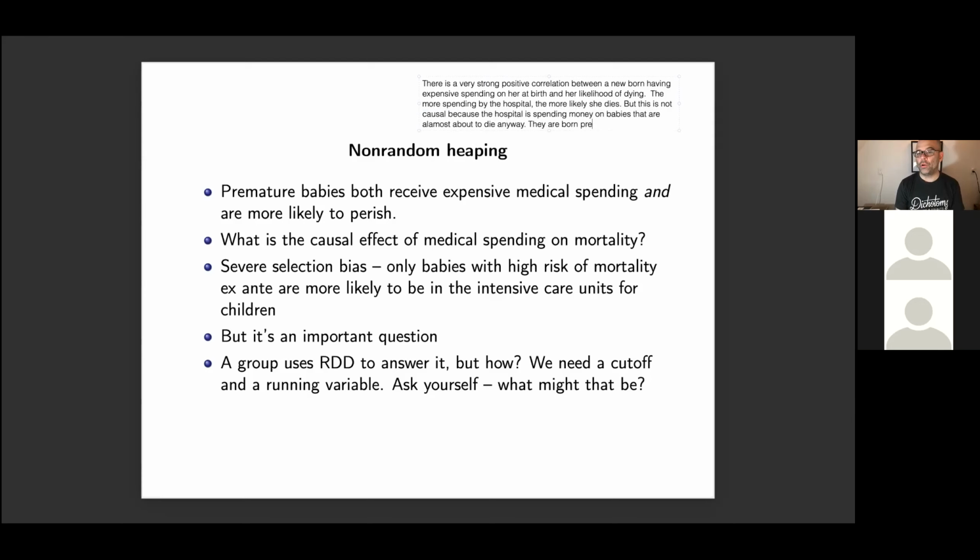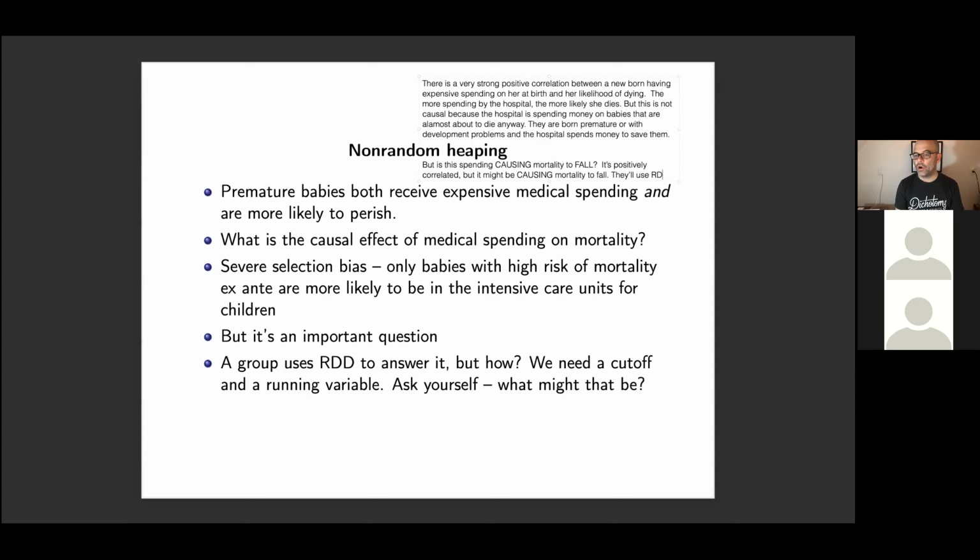They are born premature or with development problems, and the hospital spends money to save them. But is this spending causing mortality to fall? It's positively correlated, but it might be causing mortality to fall.